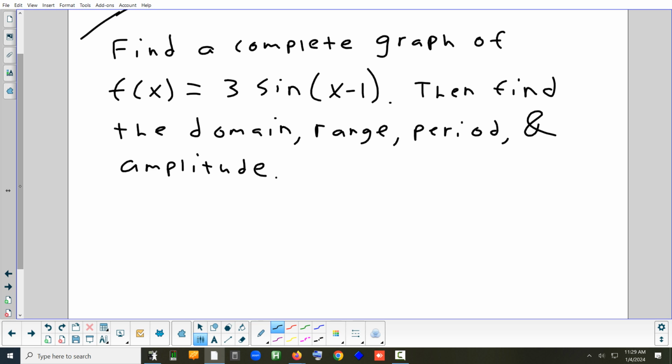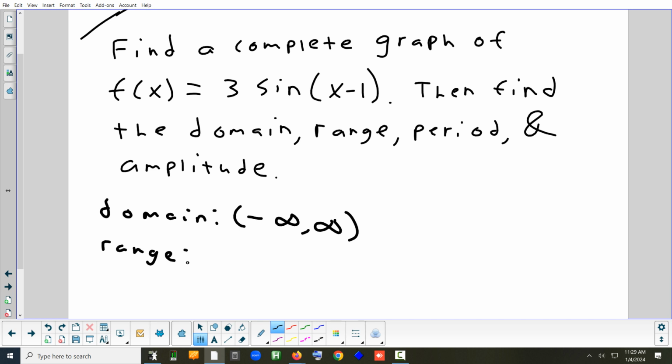All right, so find a complete graph and domain, range, period, and amplitude. Okay, another sine function. What's the domain? Yep, all real numbers. Okay, so now the range.